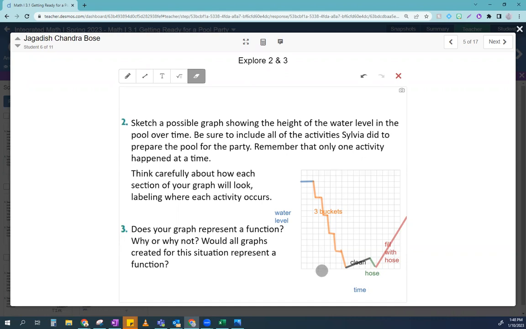And that's what a function is. A function says for each input, I only have one output. For my question, you can only give me one answer, not 10, 11, 12, 13, and 20 gallons. That doesn't make sense. Now, if you said somewhere between 15 and 20 gallons, that's still just one answer. You just didn't give me an exact answer. Do you see the difference?